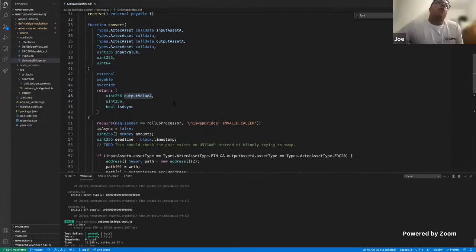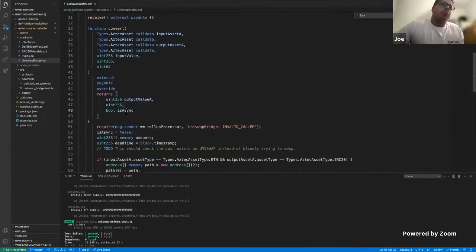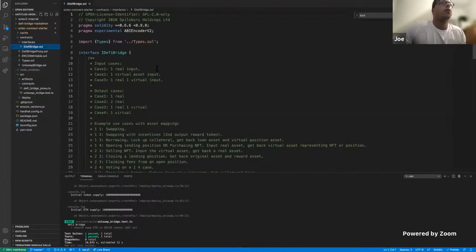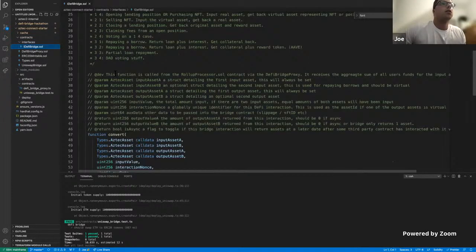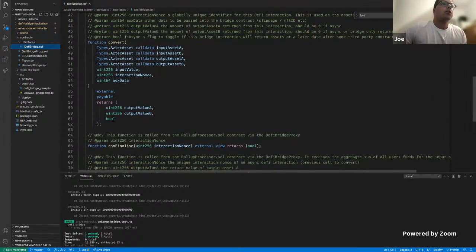So the main one is this Boolean. Let me go to the interface, actually, it'll be easier to talk through. This Boolean down here is async. It tells the rollup contract if it should expect the results back from this interaction now or in the future.